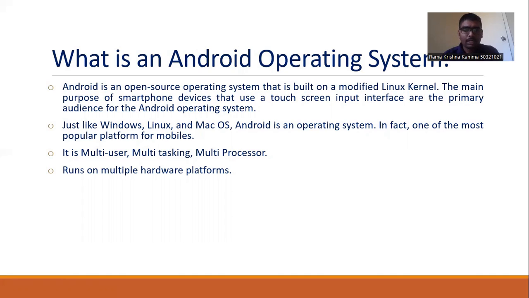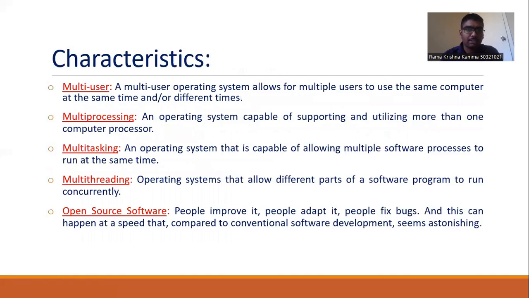What are the characteristics of the Android operating system? Multi-user means a multiple-user operating system allows multiple users to use the same computer at the same time or at different times. If one person is using one application, another person can also use the same operating system.